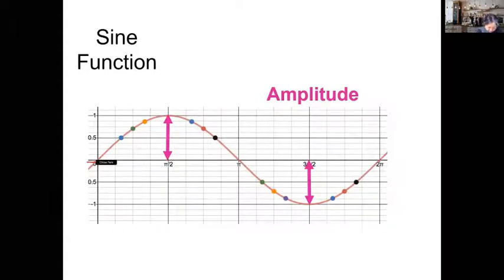So if this is a midline here, we measure from the vertical mid position, and the distance from the mid position to either maximum or minimum indicates how far it is vertically dilated.